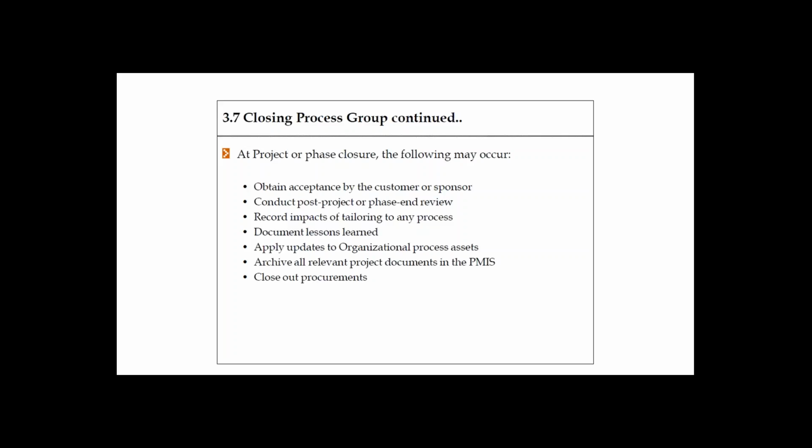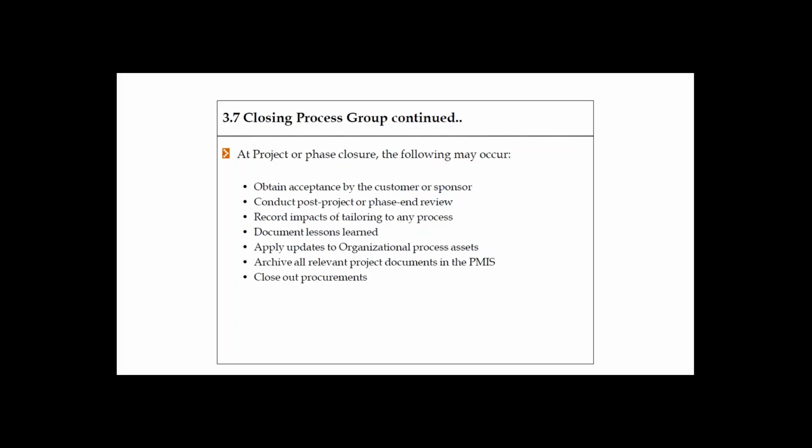Then closeout procurement. Closeout procurement means you need to have an official sign off on the contract. You need to check whether all the requirements are met as per the contract, whether the deliverable meets the criteria, and then officially give sign off on the procurements.